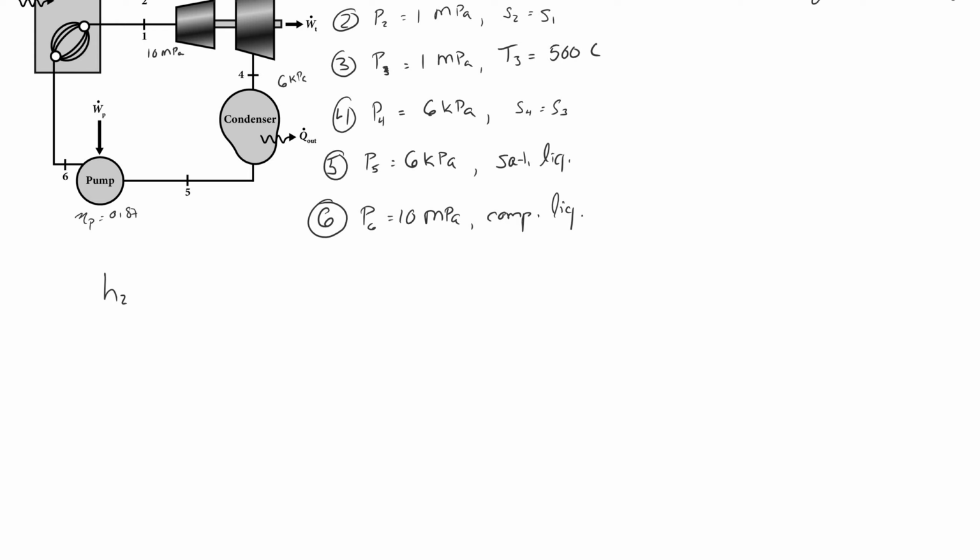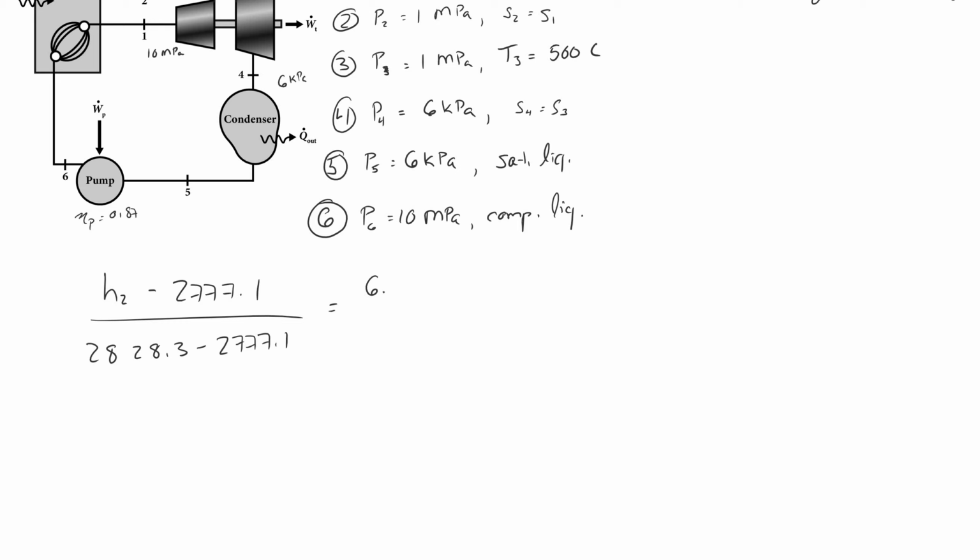So I'll write down the values of those, and I encourage you to go into the tables and see where these come from. But again, the 1 megapascal block of the superheated steam table. So the first value, 2828.3, is the enthalpy at 200 degrees Celsius, and the 2777.1 is the enthalpy at the saturation temperature.